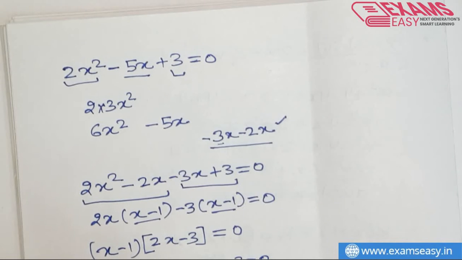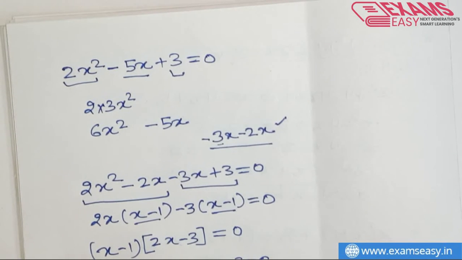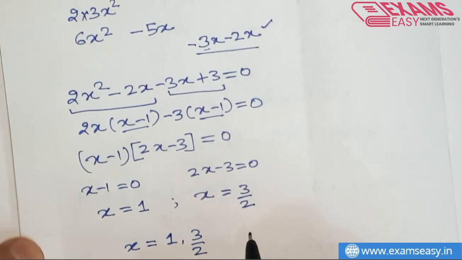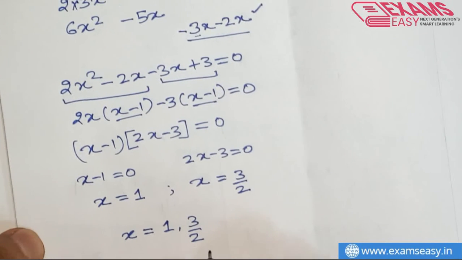From the first case we get the value of x as 1, and from the second case we get the value of x as 3 by 2. So the solution, or the roots of the quadratic equation, are 1 and 3 by 2. These are the two roots of the quadratic equation.